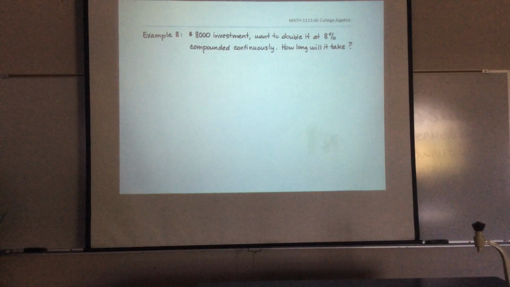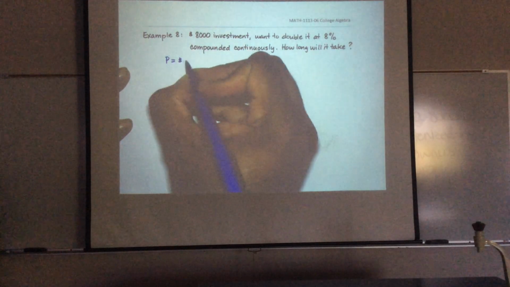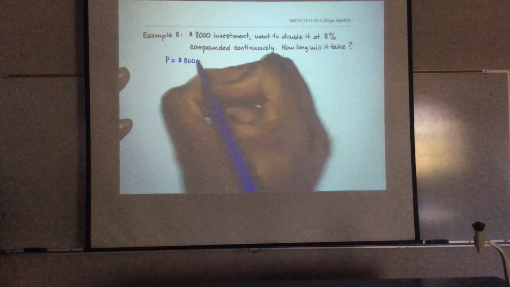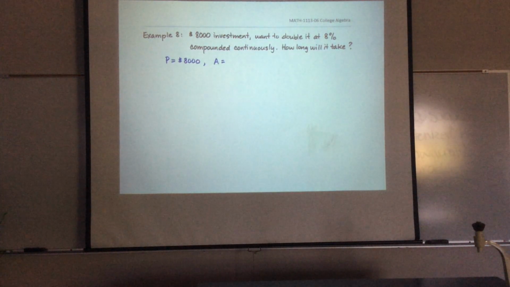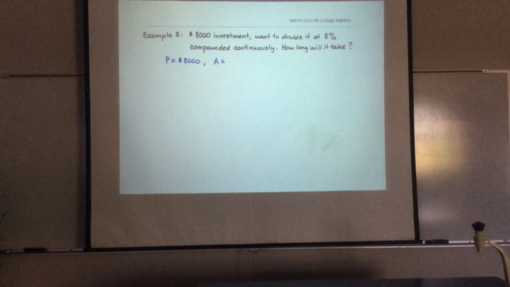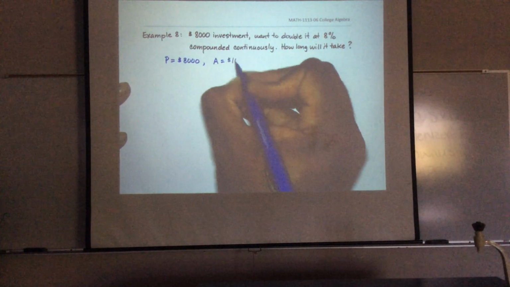All right, so here's what we have. We have an $8,000 investment, that's your principal, your P. We want to double it. If we got $8,000 and we want to double it, that amount has to be 2 times 8,000 or $16,000.